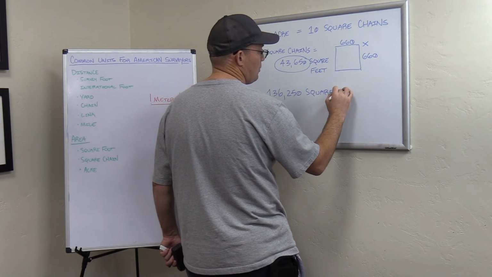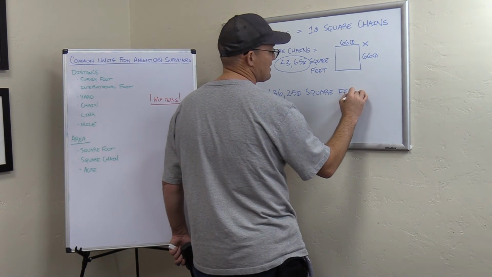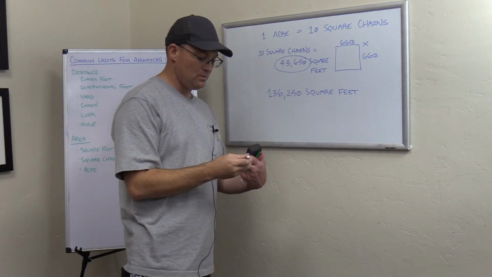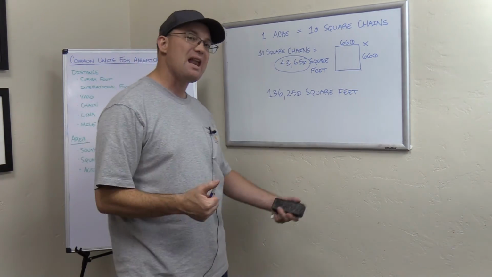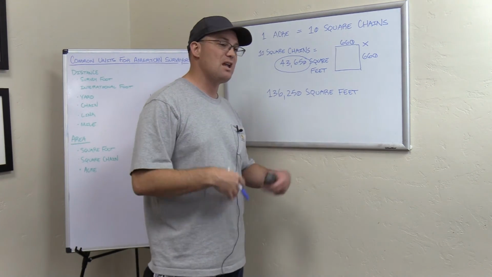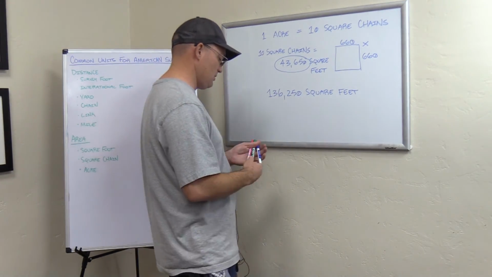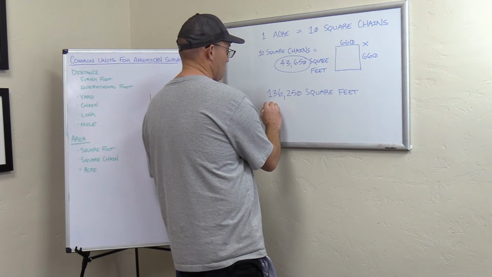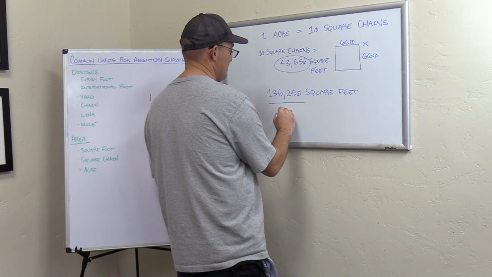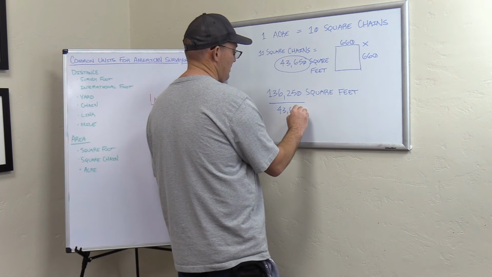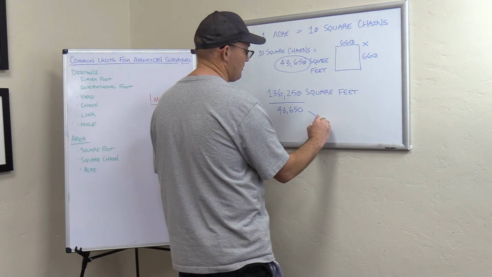As a general rule in my shop, if the parcel we're talking about is less than an acre in size, we express that area in square feet. If it's more than an acre, we express it in decimal acres. So let's see how many acres that is. We take that number and divide it by 43,650, and that tells us how many decimal acres we have.